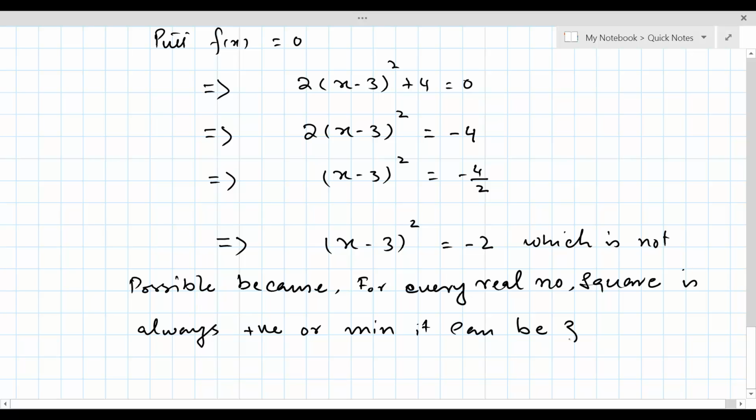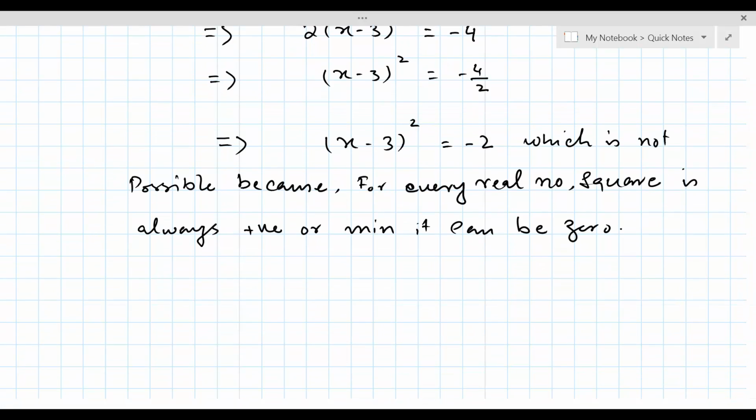But here in this case the square is equal to minus 2, so there is no x-intercept. So no x-intercept.